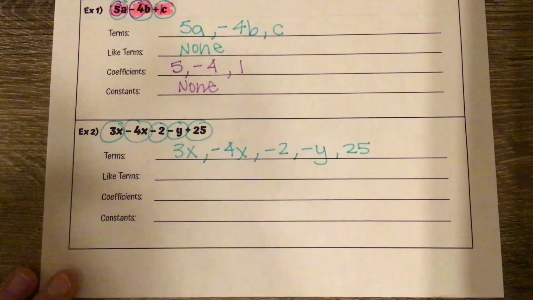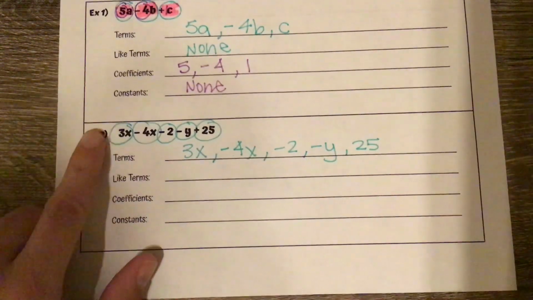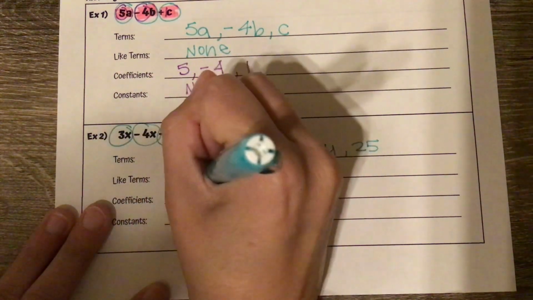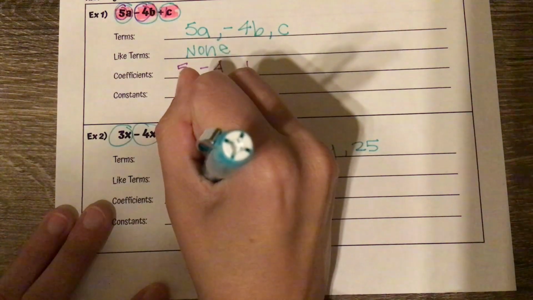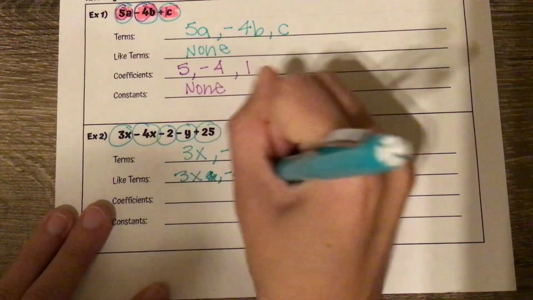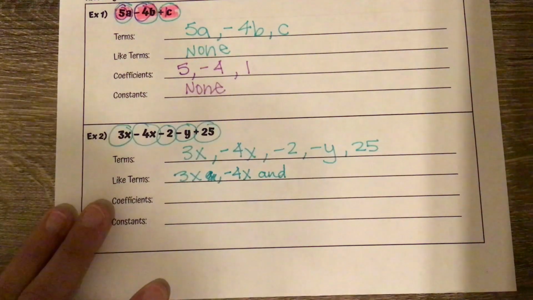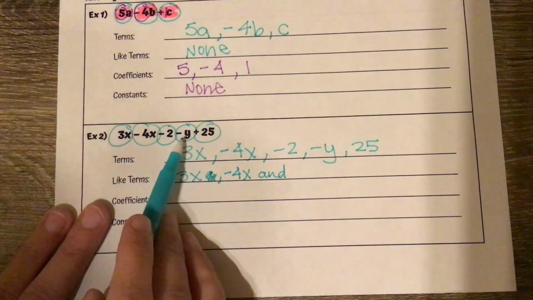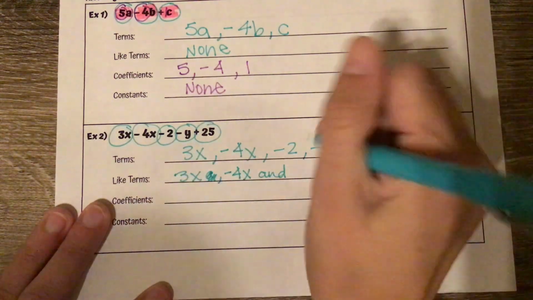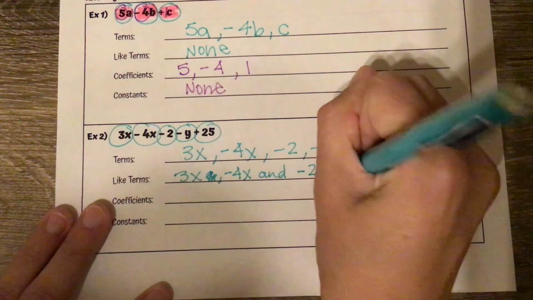So we have 3x and -4x, and there's y, but there's no other y, but we have -2 and 25. The numbers are considered like terms as well.